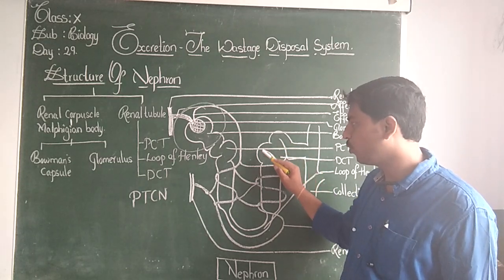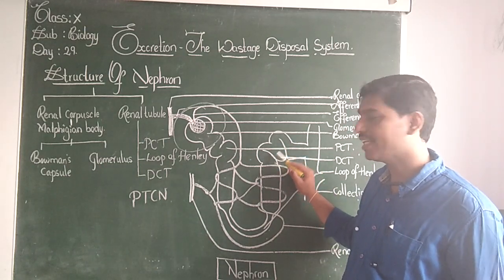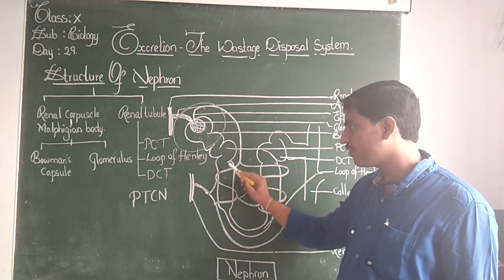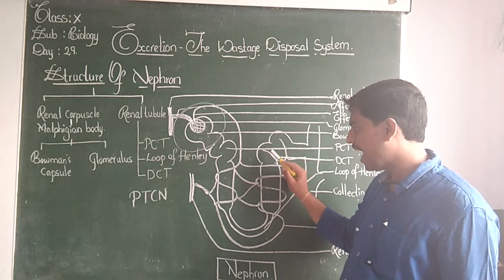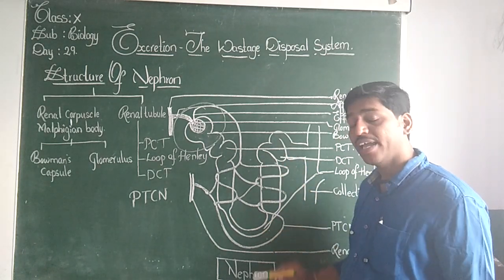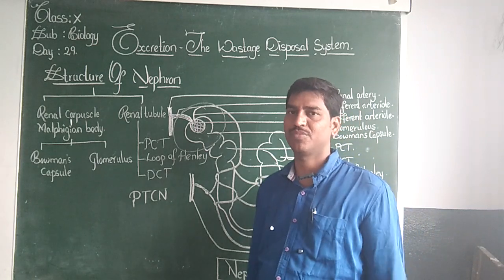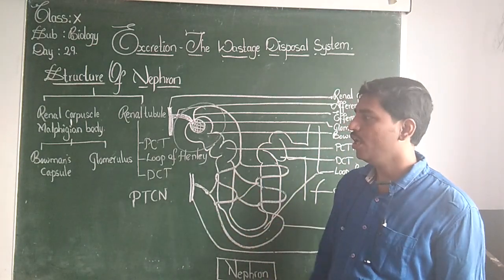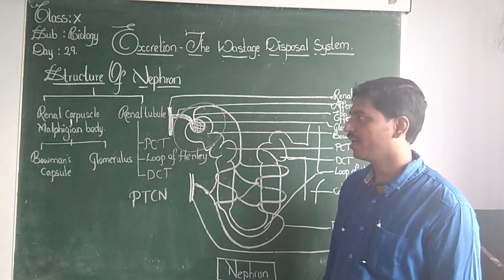It is once again folded, so it is the distal convoluted tubule. The proximal convoluted tubule and the distal convoluted tubule are joined by a hairpin-like tube, just like a loop. We call it the loop of Henle.